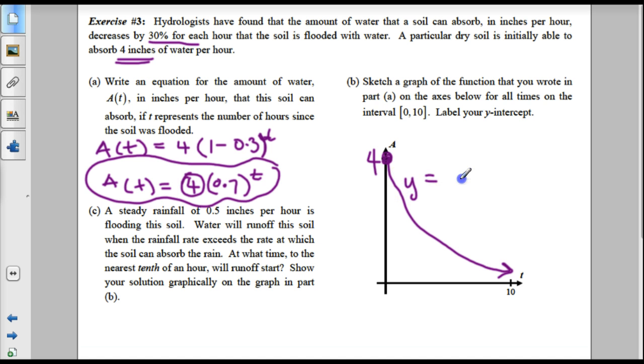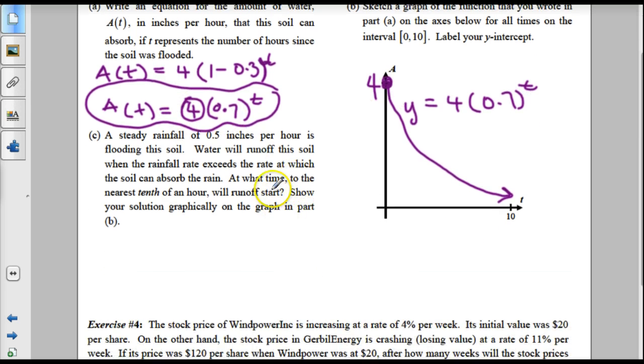This should be y equals 4 times 0.7 to the t. Now it says, a steady rainfall of 0.5 inches per hour is flooding the soil. Water will run off the soil when the rainfall exceeds the rate at which the soil can absorb. At what time, to the nearest tenth of an hour, will runoff start?